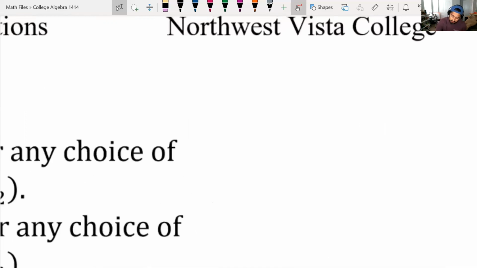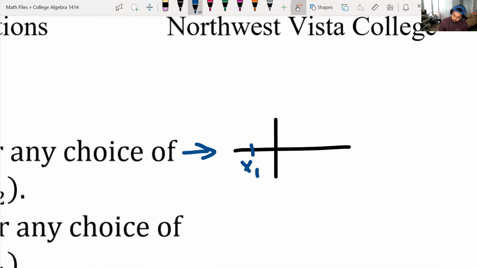Zoom in, right? So we'll say here, for your increase interval, so just keep it simple. Here is x1, here is x2, and if we're increasing, our graph would look something like this. And by definition, here I'll plot some points.